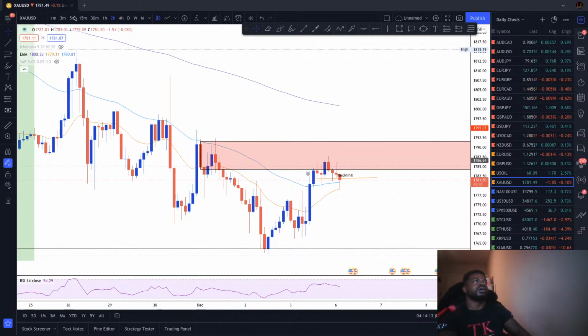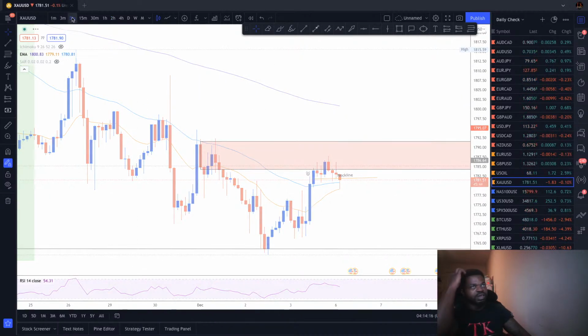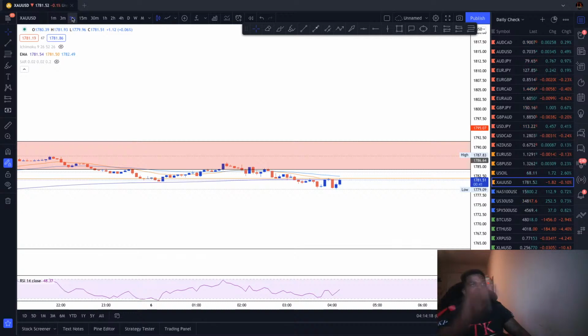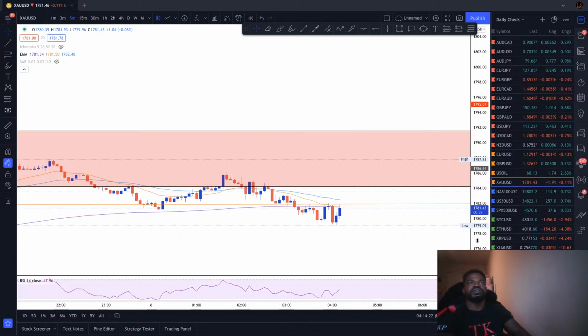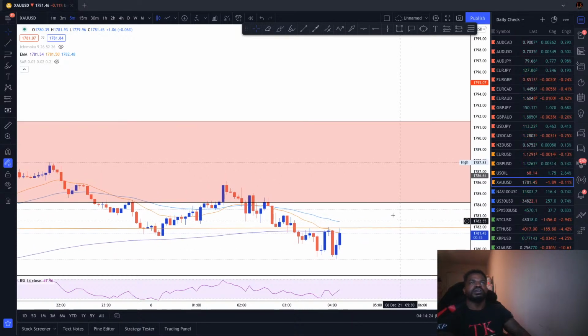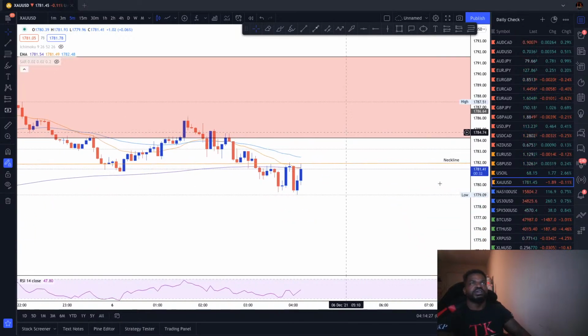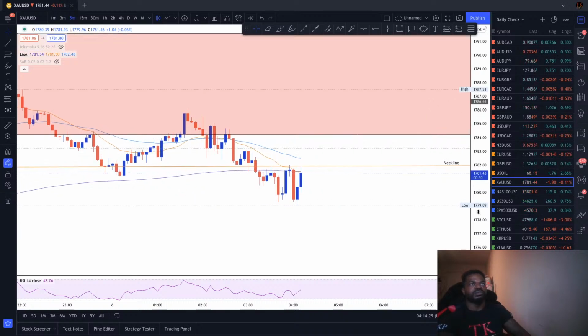Okay, so on the smaller time frame, price just came back and retested our neckline. Let's see if resistance is strong enough to keep price below.